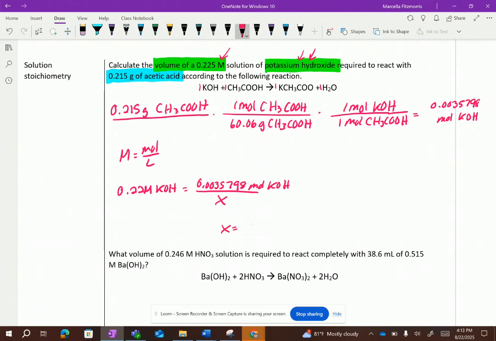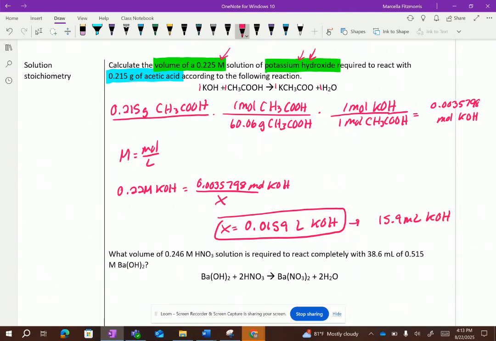So when I solve, I get 0.0159 liters of this KOH solution. Now I can transform this to milliliters, and if you did, just make sure you write down that it's 15.9 milliliters. The units make a difference whether this is going to be counted right or not.